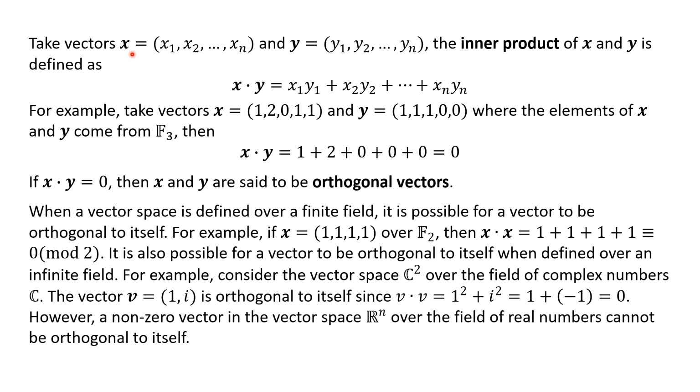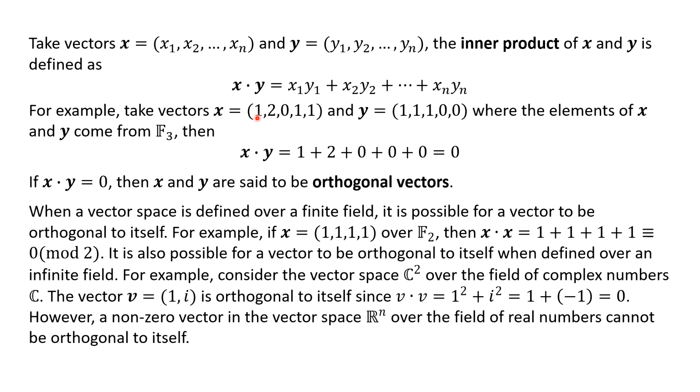Take vectors x and y defined in terms of their coordinates. Then the inner product of x and y is defined as the product of each component in the same position, added together. So for example, if we had x and y defined here over F3, that would be the integers mod 3, just 0, 1, and 2, and then 3 is 0, and 4 is 1, and so on.